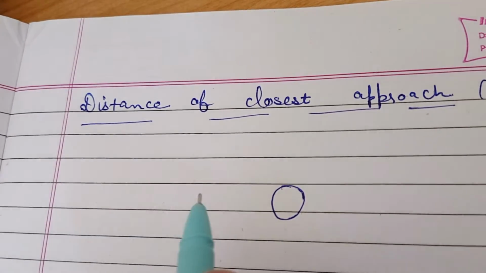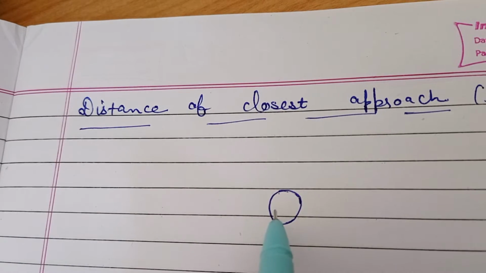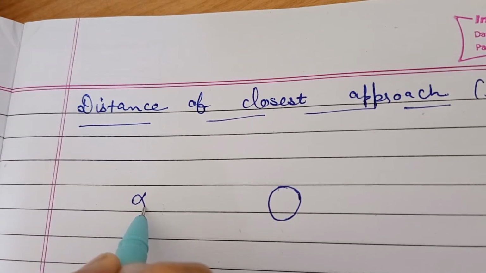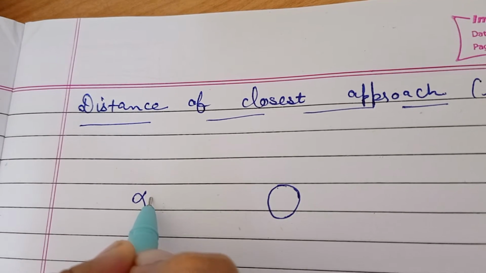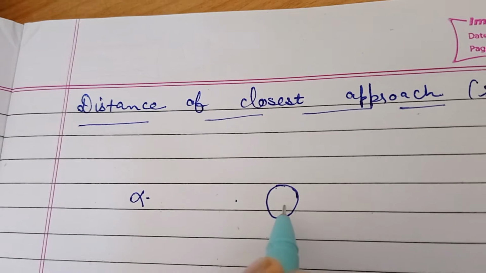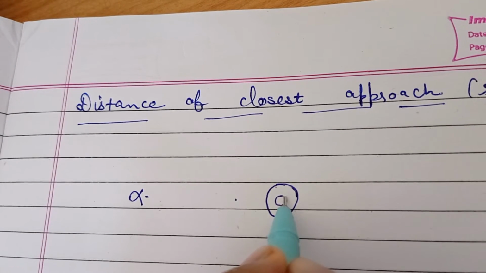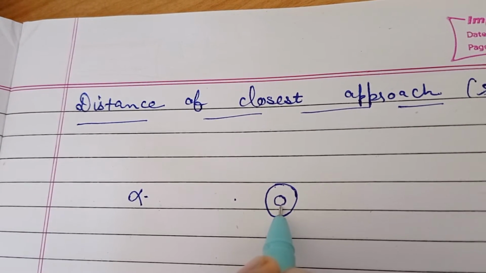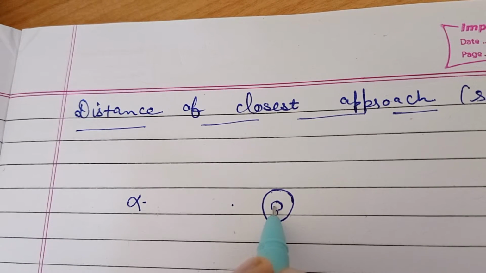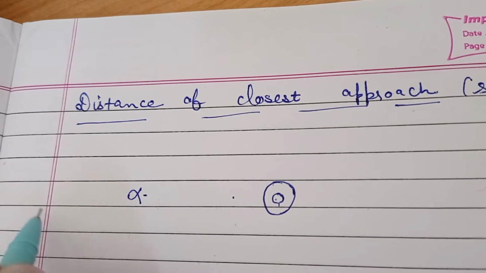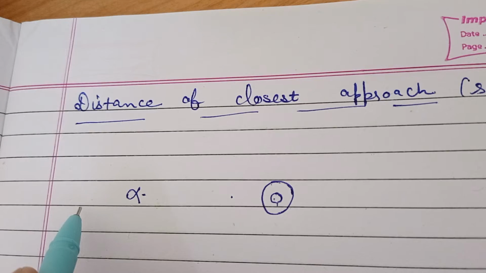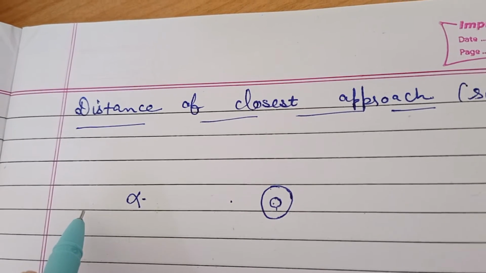Whenever an alpha particle is incident on the gold atom, there is the nucleus at the center, and on the nucleus there is positive charge, and on the alpha particle there is also positive charge, so there is a force of repulsion between the like charges.